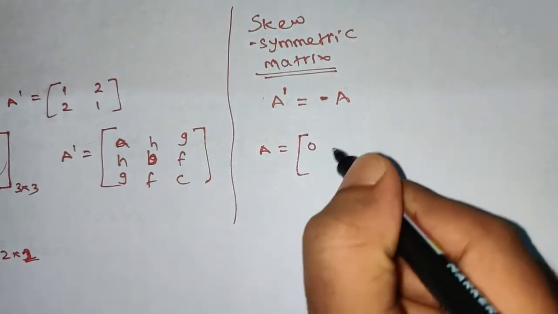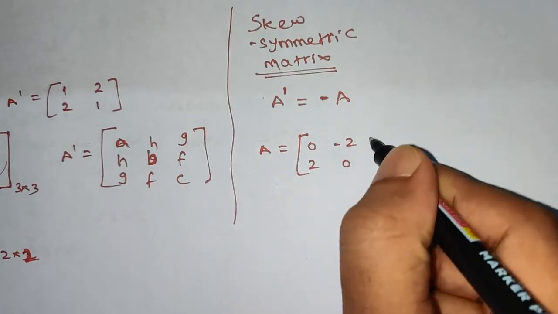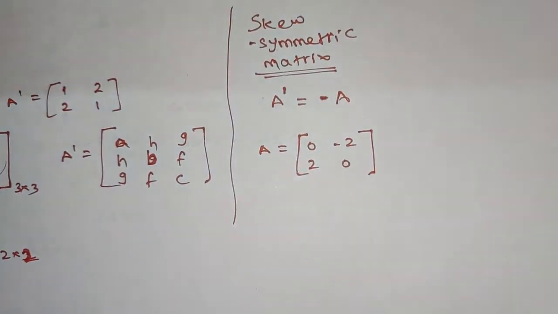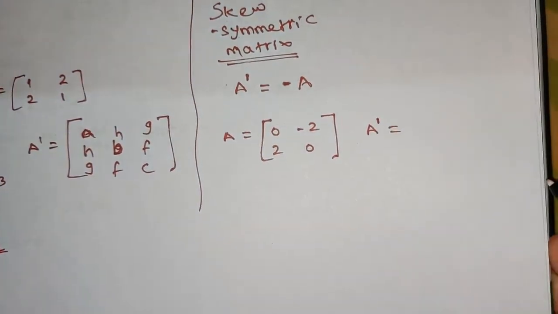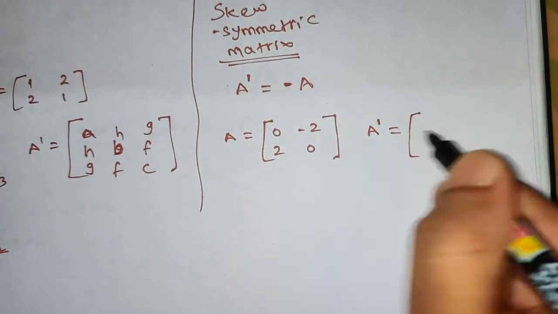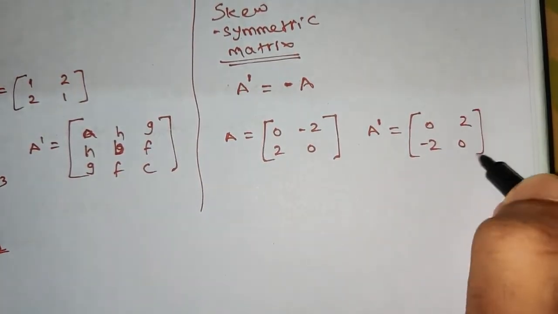Let me say 0, -2, 2 and 0. Okay, so let this be a matrix. Suppose I take the transpose of this matrix. So 0 -2 is here, so it will come 0 2, and then 2 0 will come as 0 -2 here, like this.